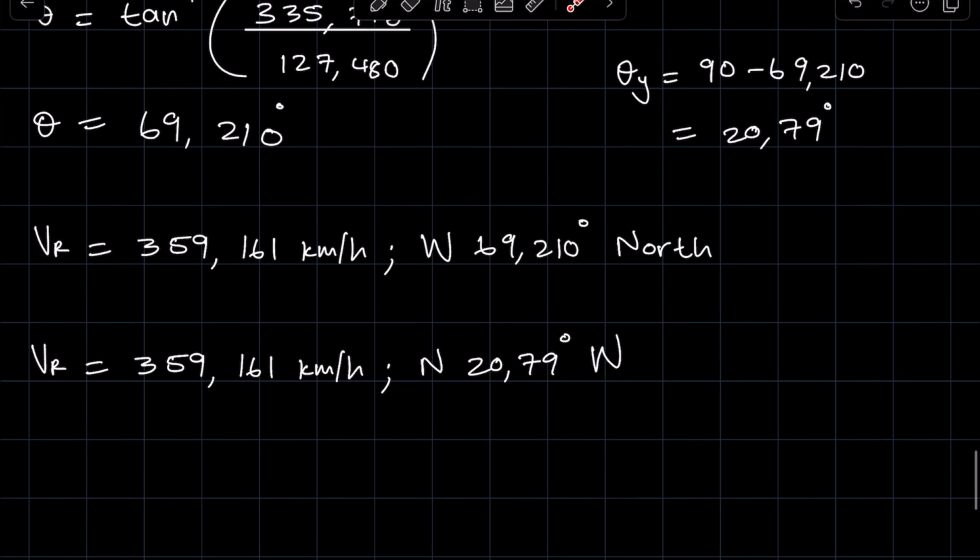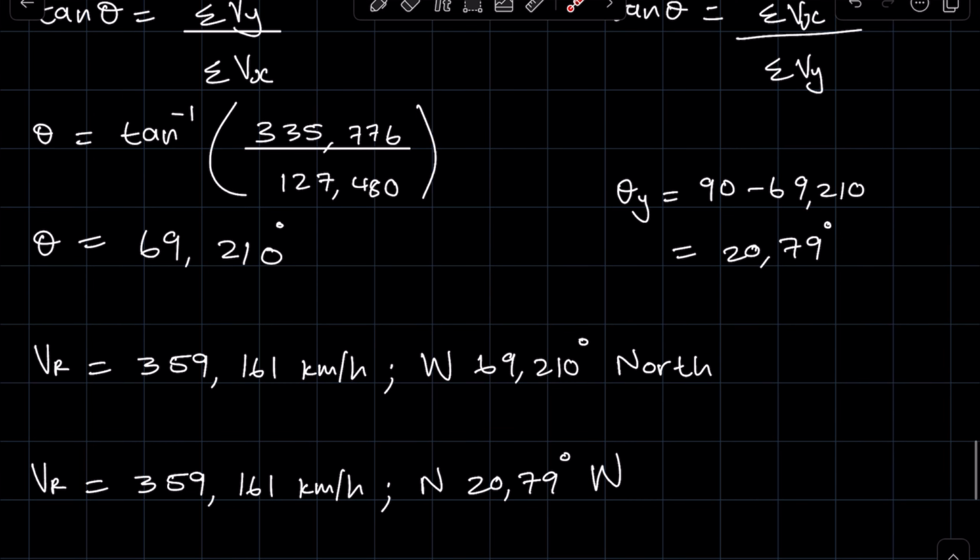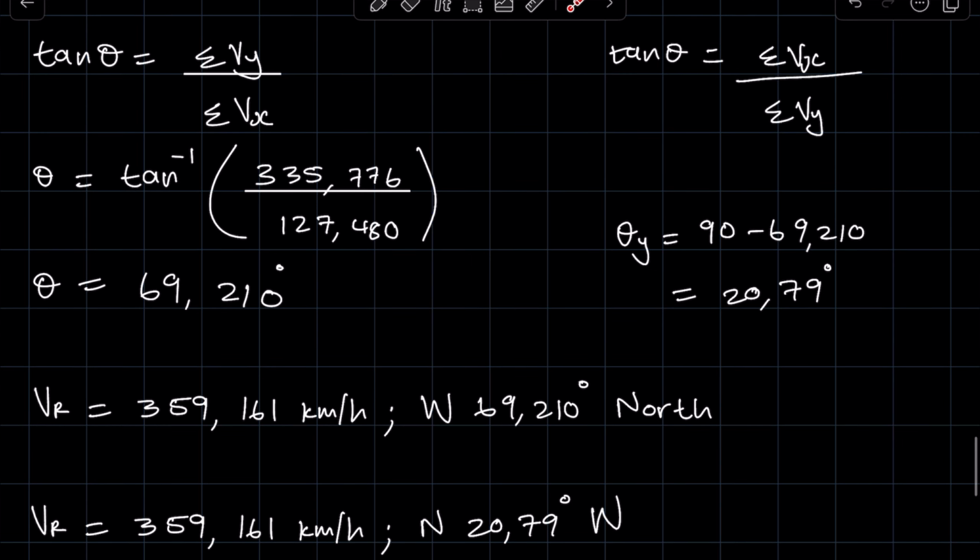But again, to make things easy for ourselves, always reference your angles from the x-axis. And that is how you would approach such a question. So this is the first case under resulting velocity, where you are just given vectors and you are asked to calculate the resulting velocity.